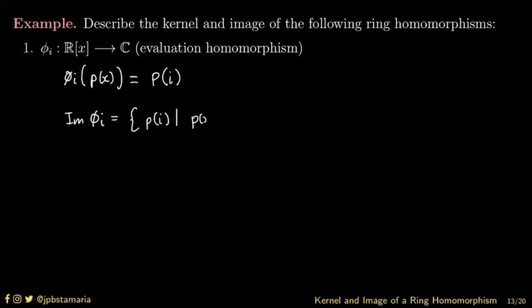So that p of x is a polynomial over R. So basically lahat ng mga evaluations na makukuha mo when you evaluate every real polynomial at i. Kung maaalala nyo, we have a notation for this. We denote this by R square bracket i. No? Ito yung lahat ng mga polynomials in i. But as you can remember, ito yung pinakamaliit na ring that contains R and the complex number i.